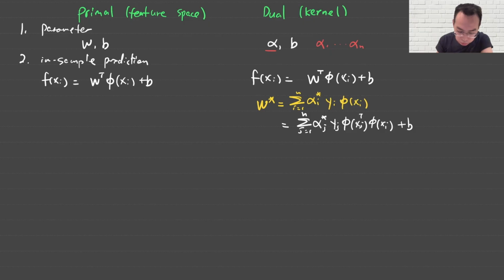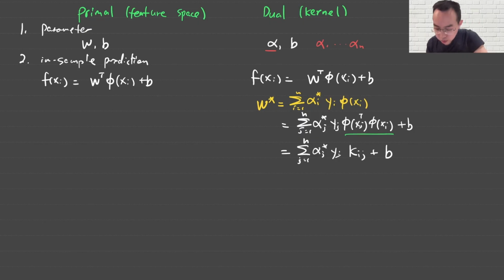It means that we can replace this with a kernel: alpha j star yj Kij plus b. So that's going to be our predicted value in sample prediction.